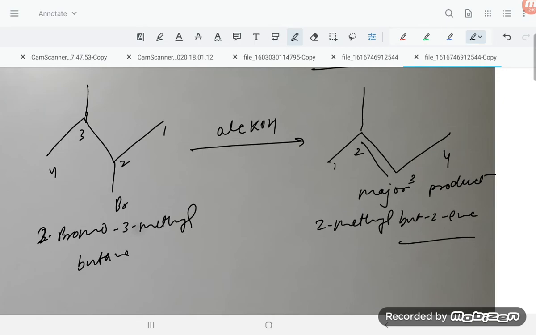Now, dear students, suppose I am having a compound. Let me check out the problem, students, where we can find a better problem. Okay, I got the problem, student. Here I have one more compound, students, this is the compound here, and this is the methyl group, this is the Br group.